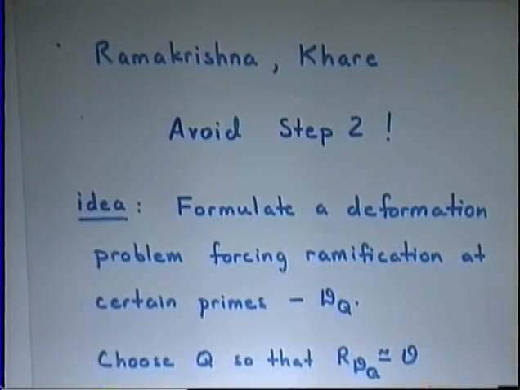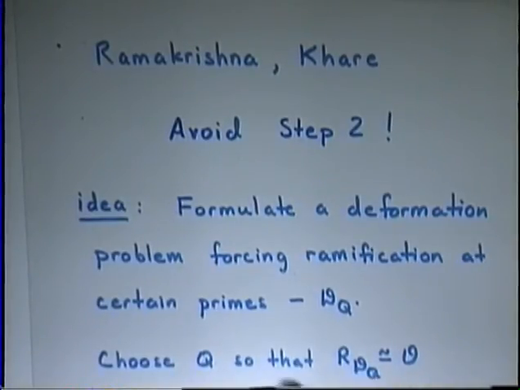And maybe you can squeeze your deformation problem enough that not only is there a characteristic zero lift, but there's only one. So you can really pin down what that universal deformation ring is. And that's done by forcing ramification at lots of primes.